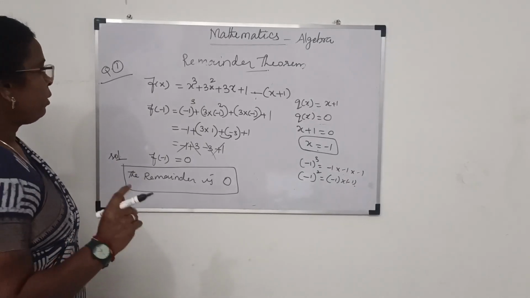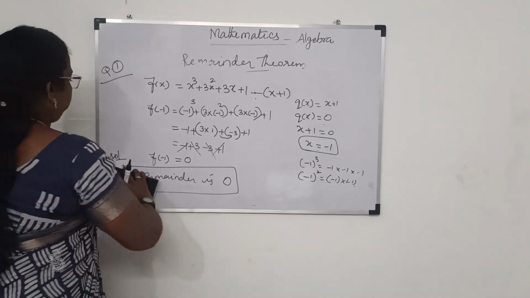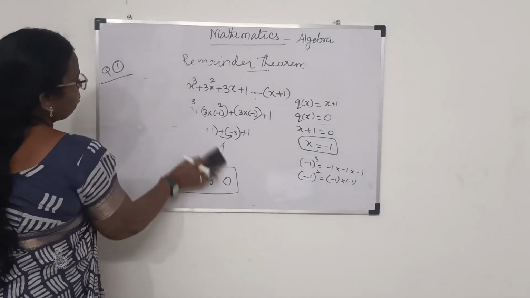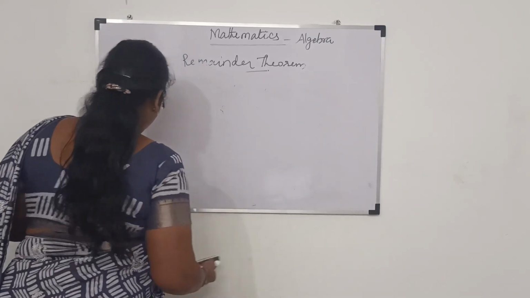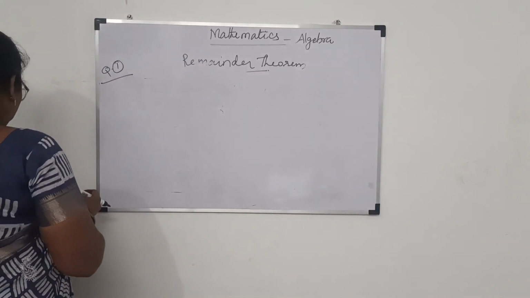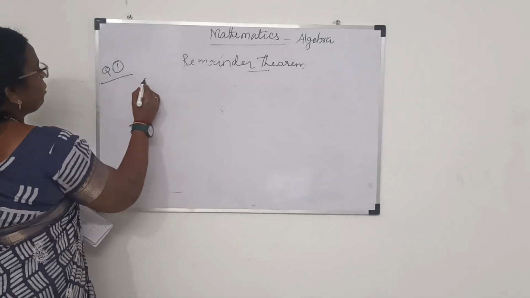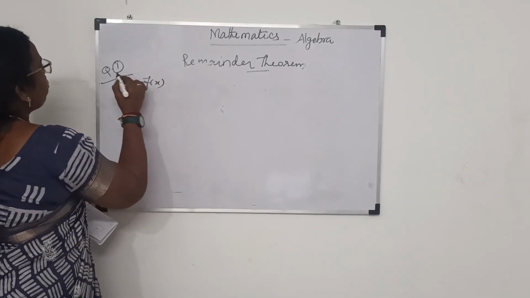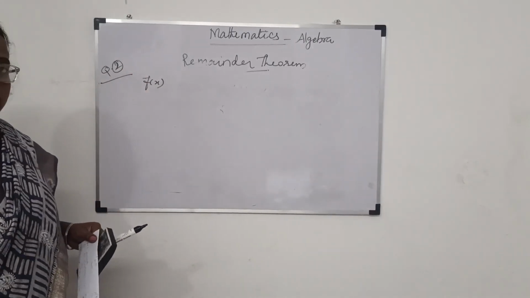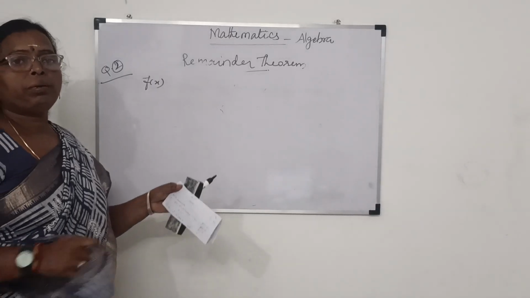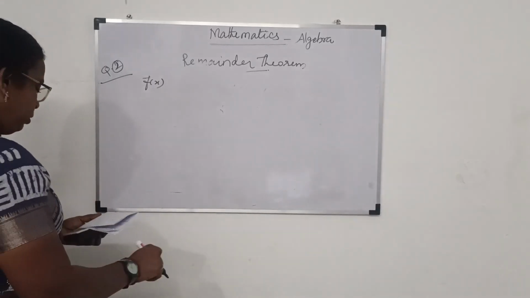Okay, right. We'll see one more. Another question. Find the remainder if f of x... This is question number 2. So again we have to find the remainder if the polynomial and the divisor are given.